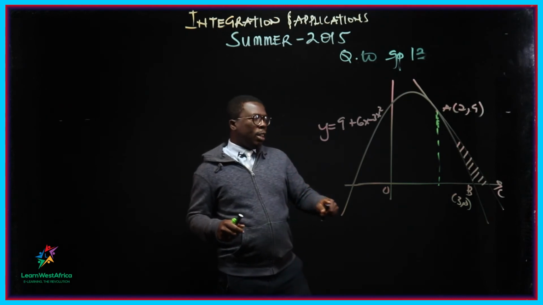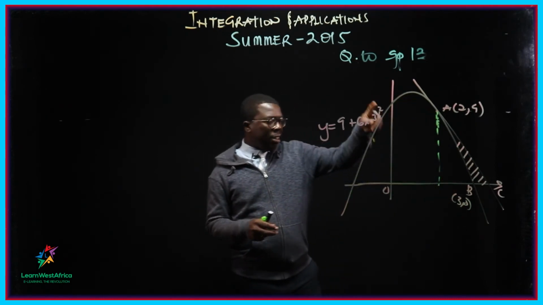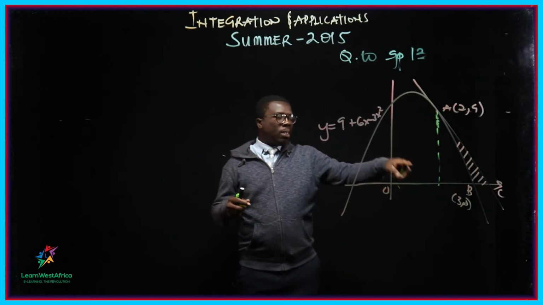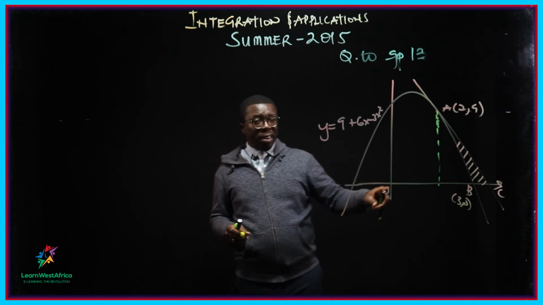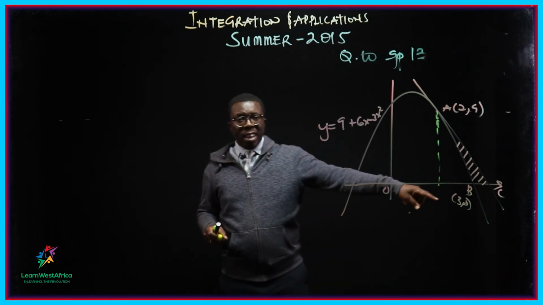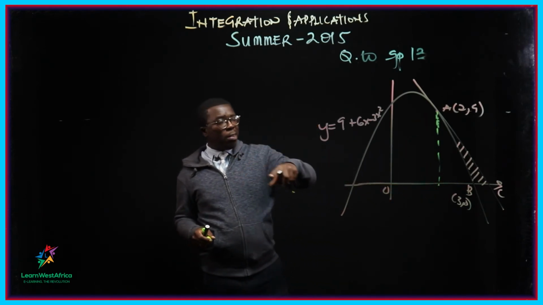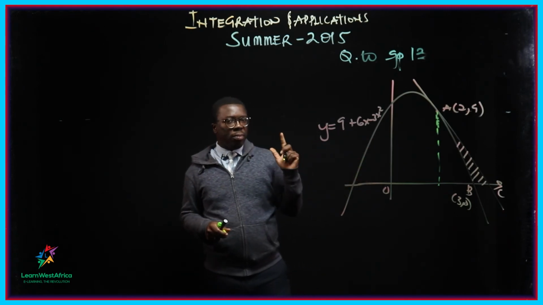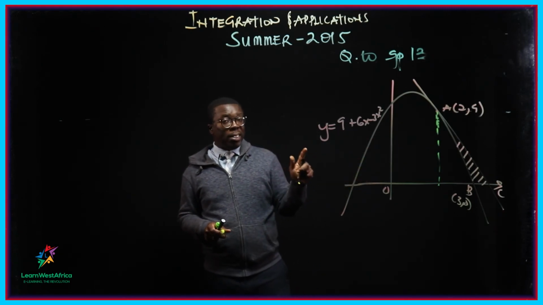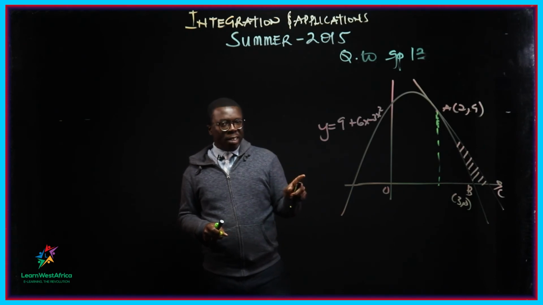If you look at it, this is the tangent. The tangent cuts the x-axis at point C. So we know the area of the triangle that has been created there, and that is the area bounded by the tangent and the x-axis.